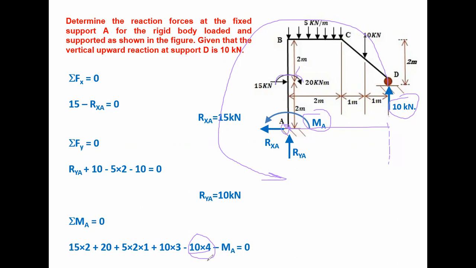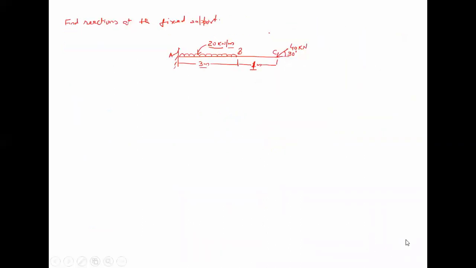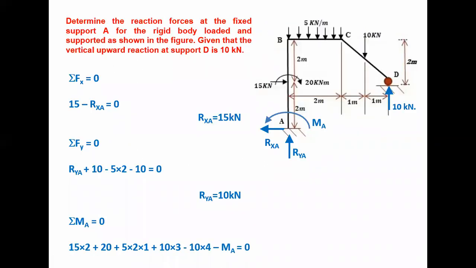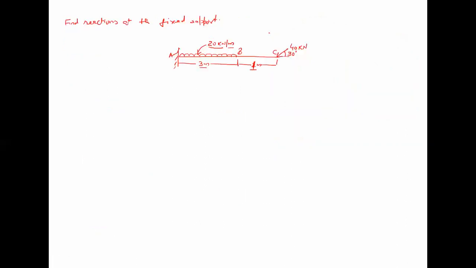These are all the moments acting on this frame, so their algebraic summation must be equal to 0. So we equate it to 0. If you solve it, you will be able to find the value of MA. It is not written in the slide, but you can easily determine it. Good.